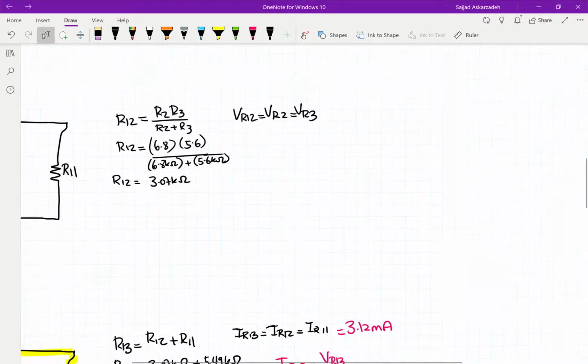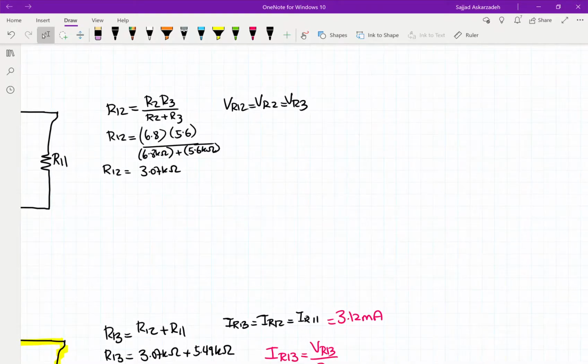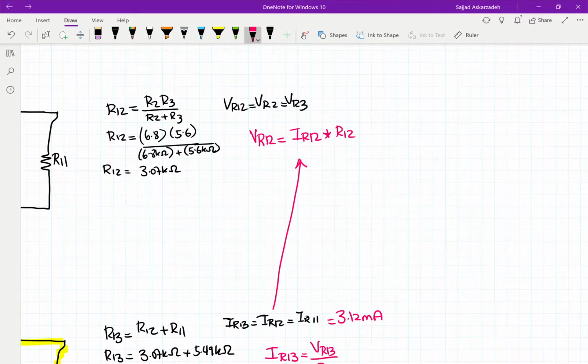Okay, moving on to the next one, which is VR12. So we're trying to find out what VR12 is. VR12 is equal to IR12 multiplied by R12. IR12 is coming from here, so it's equal to 3.12 milliamps.